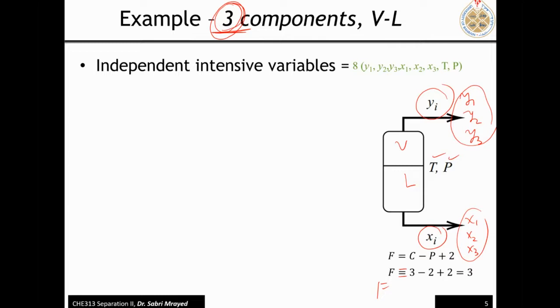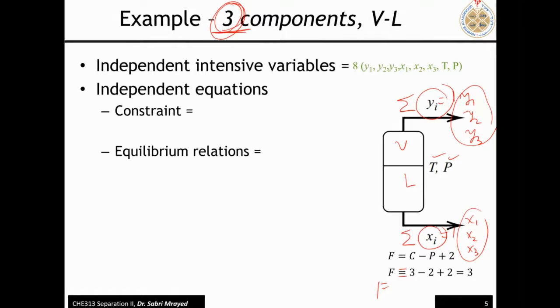These are the unknowns. Now let's count how many independent equations we can form here. We have summation of y equals 1 and summation of x equals 1, so we have 2 here. Then we have equilibrium relations.